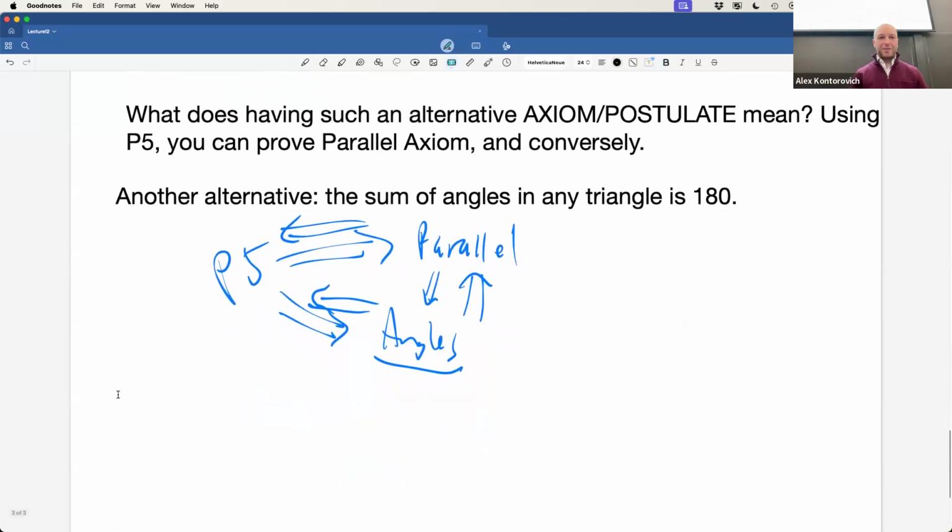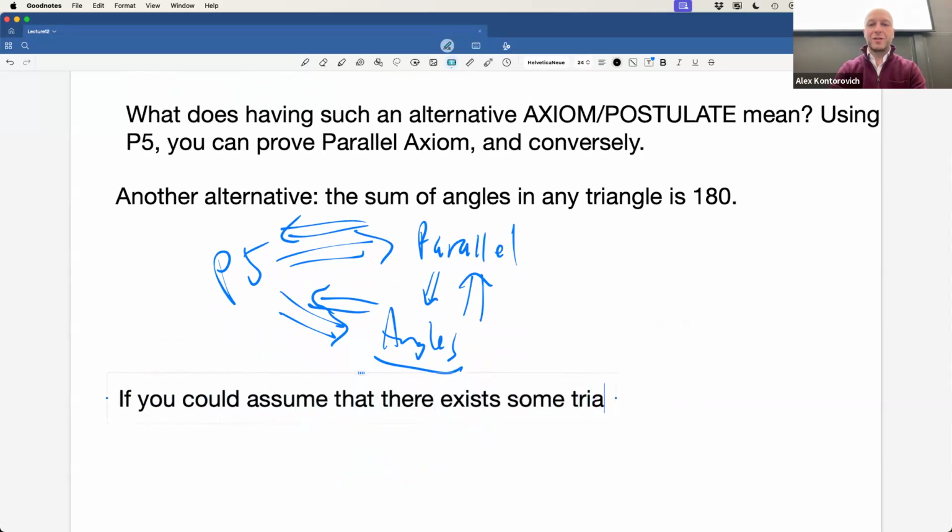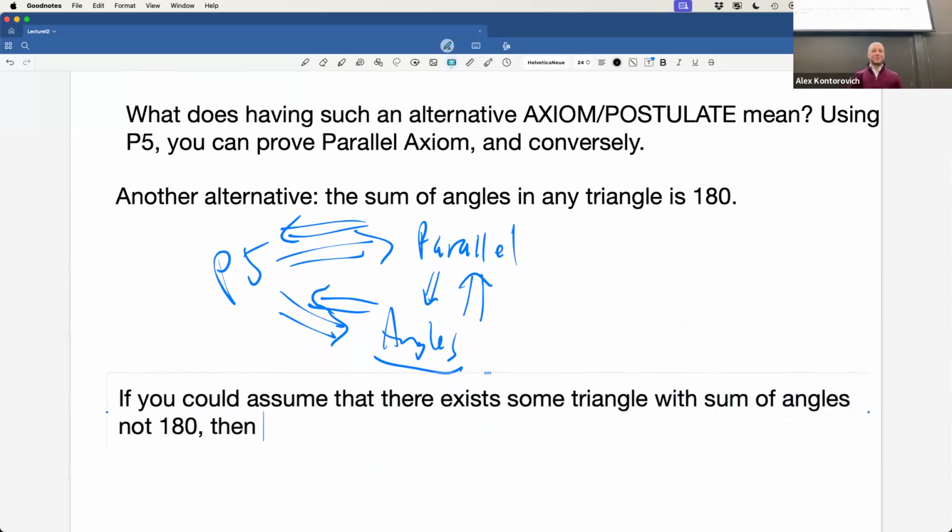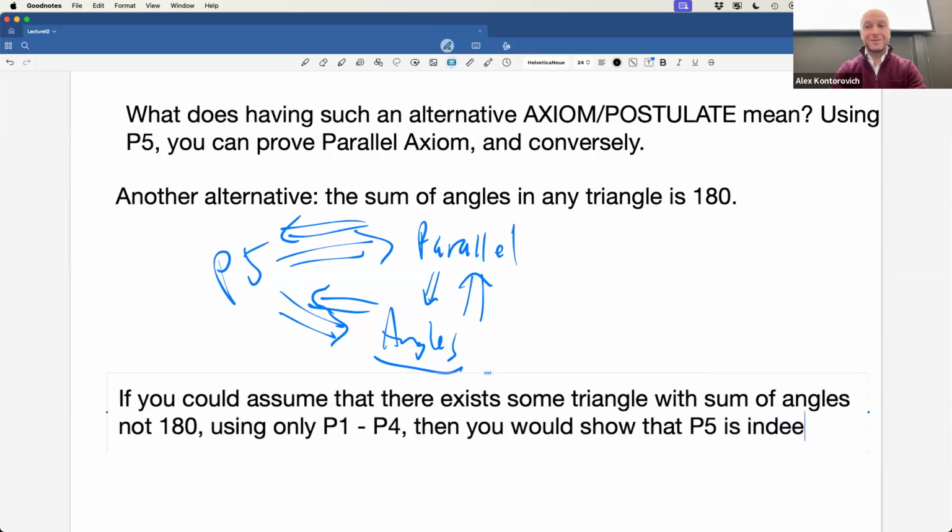So if you could assume that there exists some triangle with sum of angles not 180, then you would show, using only P1 through P4, that P5 is indeed a theorem and not an axiom and not a postulate, right? You see why?